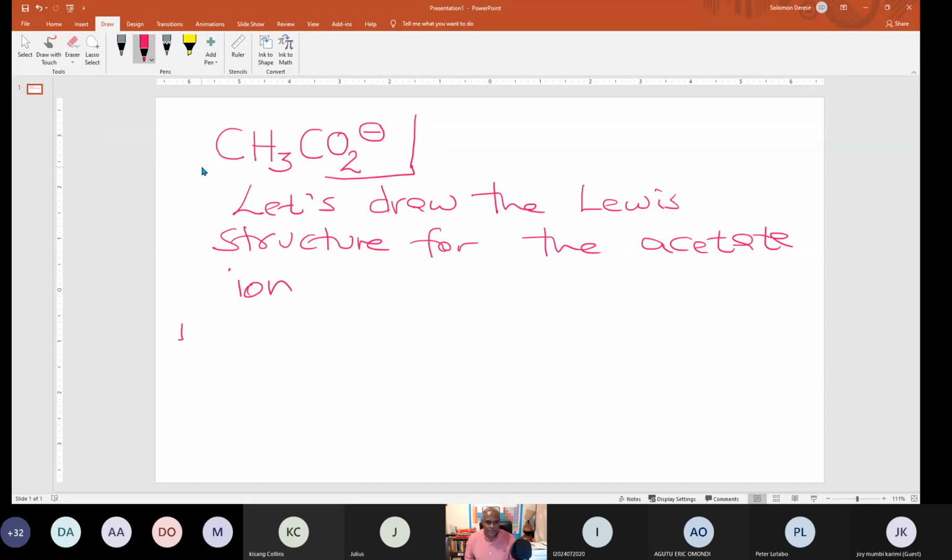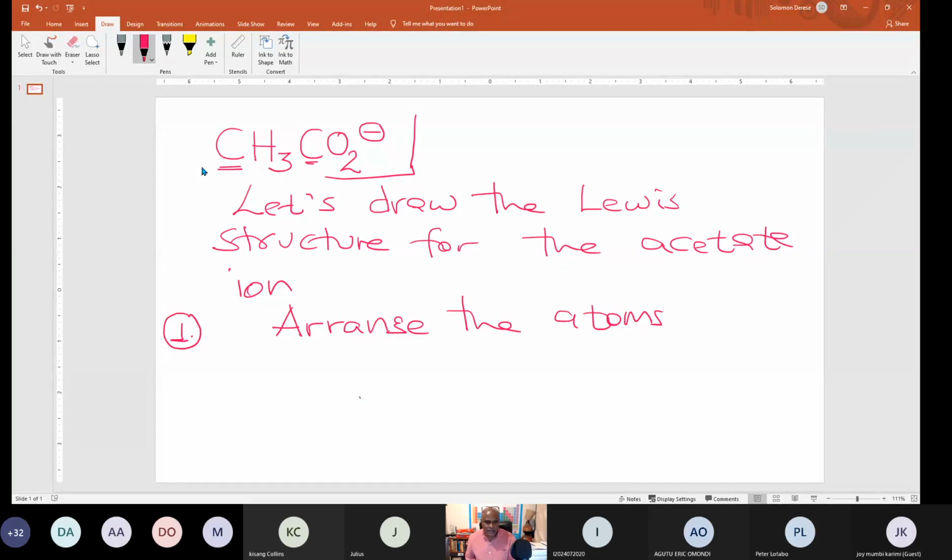So you remember the first step when drawing the Lewis structure is to arrange the atoms, okay? When we arrange the atoms, of course, we'll put the hydrogens on the outside. In this particular case, you have a carbon that is bonded to 3 hydrogens. Then you have another carbon that is bonded to 2 oxygens.